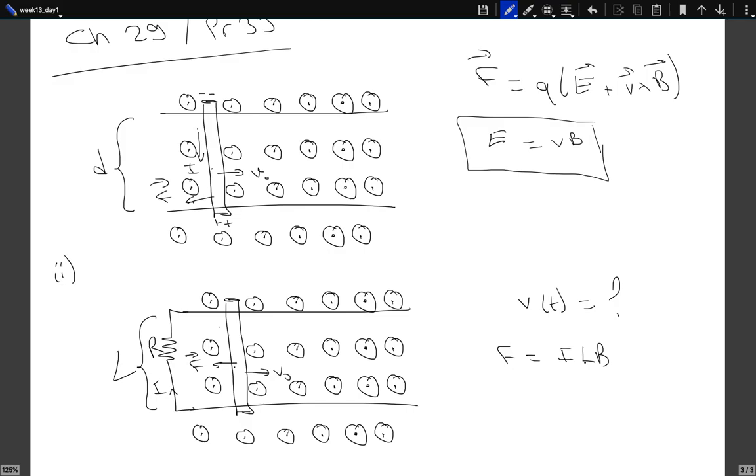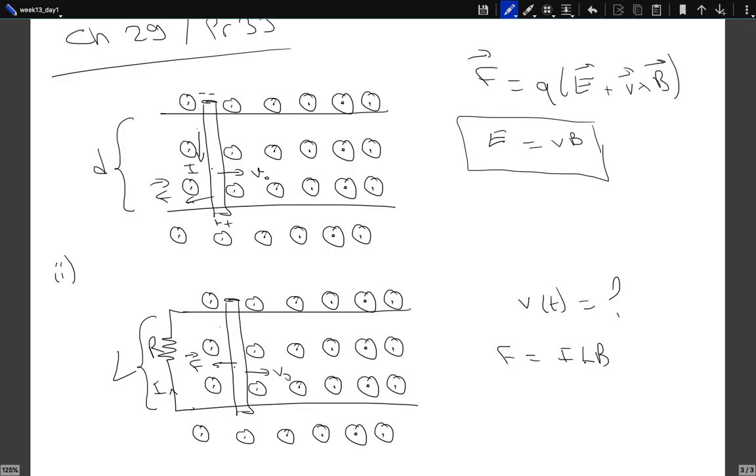L is constant, B is constant, but I will not be constant. Why does I change? Because v is changing. You see, v will be changing because there is a force. Since v is changing, I will be changing as a function of time. Since I is changing, the force will be changing. So it's not even a motion with constant acceleration.